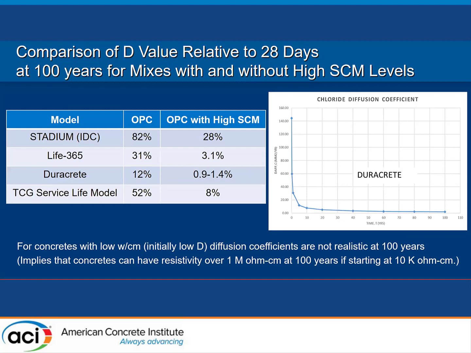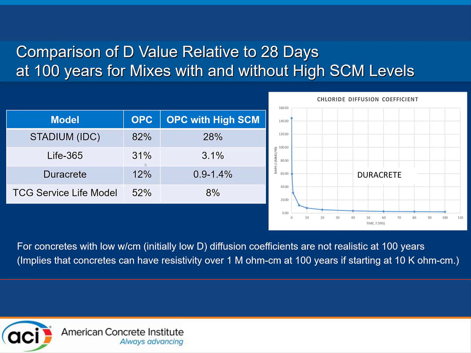Just to give you an idea of this, looking at how the various models treat this, we have the Stadium model, and that gets an IDC, which is related to the diffusion coefficient. And you can see that in OPC, at 100 years, it's about 82% of what it started at. So it does come down, but not by much. And then if you have a high SCM content, it's down to 28%. The Life 365 is 31% for OPC and 3.1% for SCM.